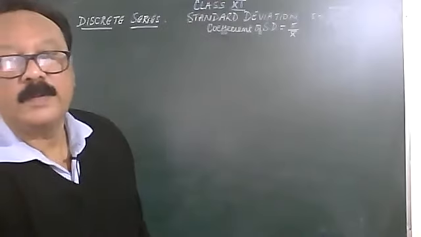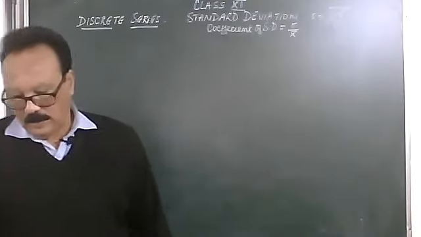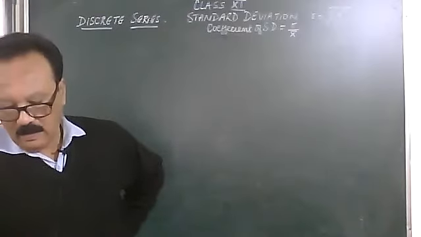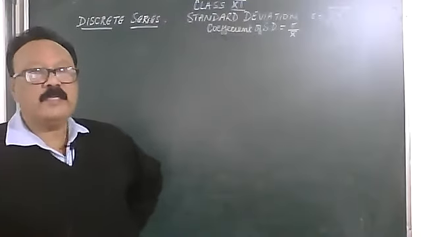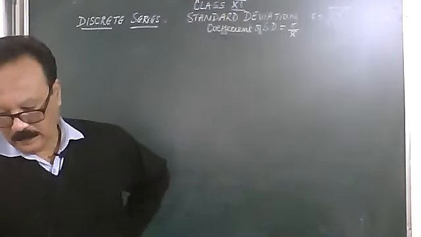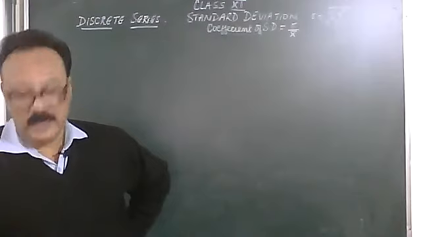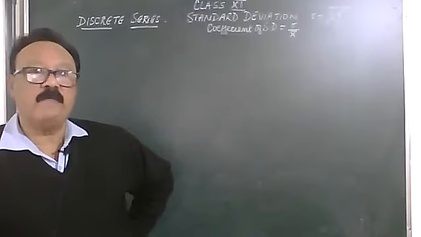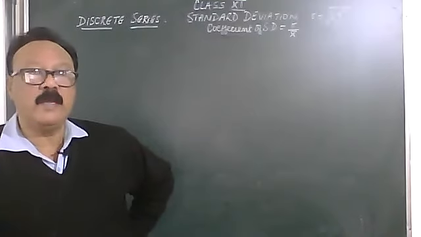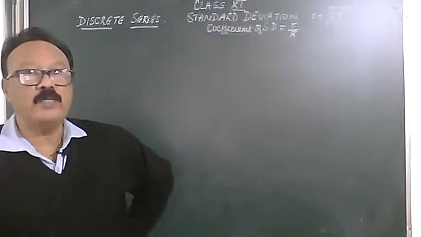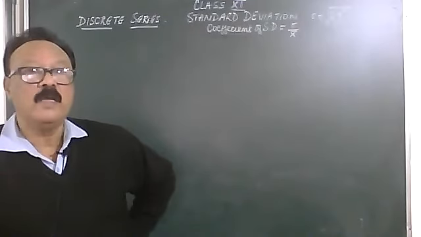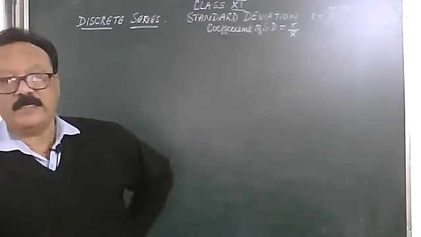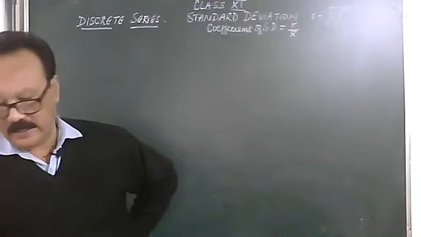We need to arrange the data in ascending order first. By the actual mean method, just like when we were calculating mean, how do we calculate mean? Sigma x upon n. Now because we have frequency, the formula for mean is sigma fx upon n. Let us take an example to understand the discrete series.